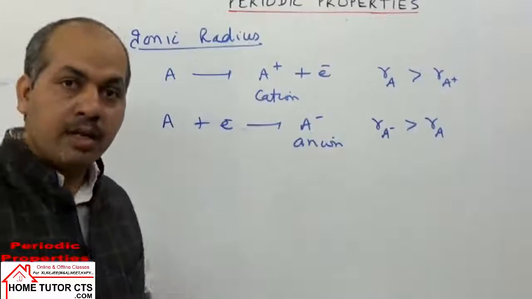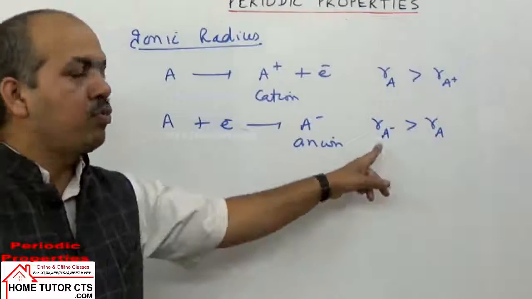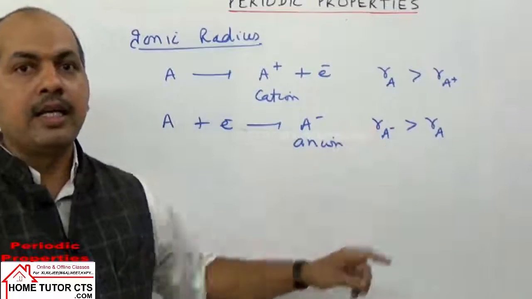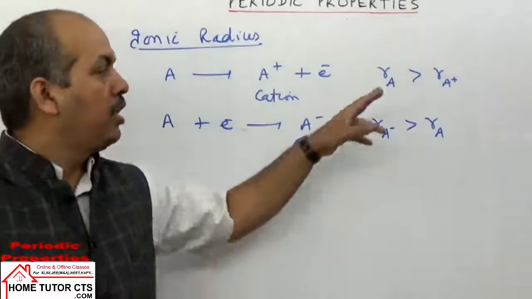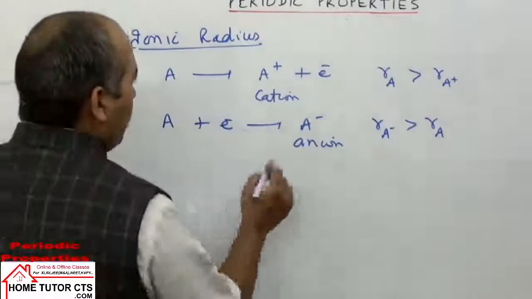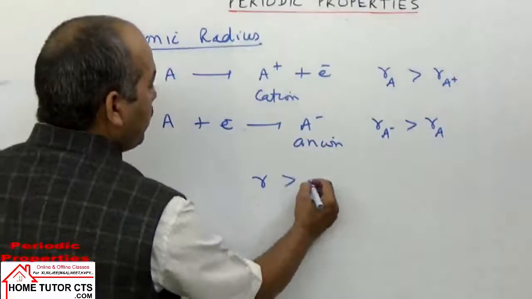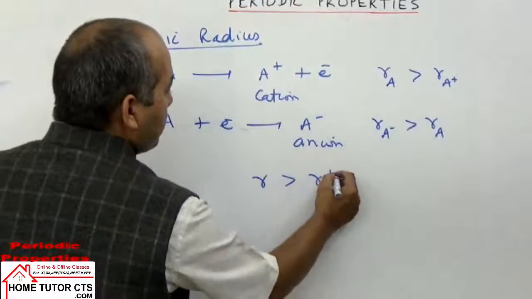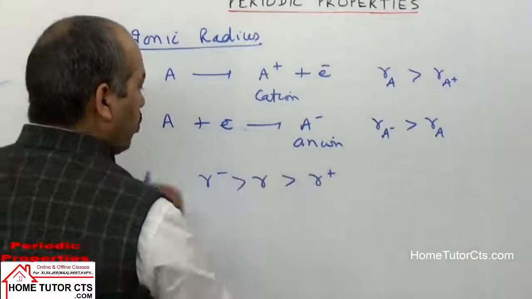So when attraction becomes less, the size becomes bigger in anion formation. So the anion is bigger than the atom, and the cation is smaller than the atom. If I write it directly, the atom radius r is bigger than r plus, and r negative is bigger than both r and r plus.